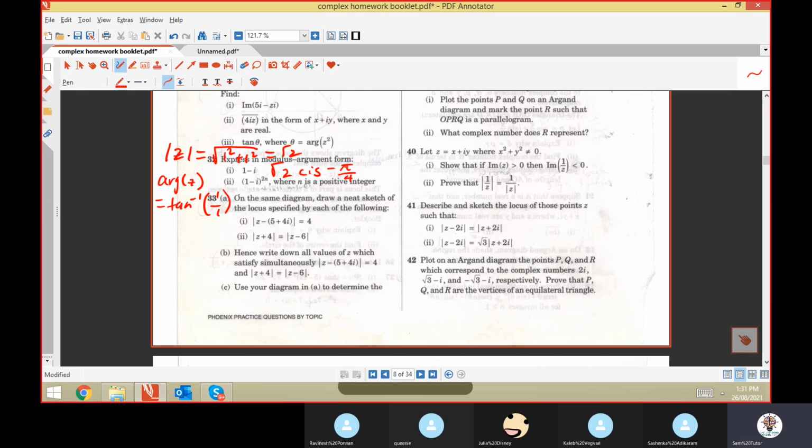Because you haven't done your homework, you realize. Careful, man. You don't want to fall behind in this subject. Believe me. Pi on 4. Then what do you have to always do for mod arg form? Draw where it's at. Yeah, so 1 minus i is somewhere there. We know that's a negative theta, so therefore the answer is actually negative pi on 4.